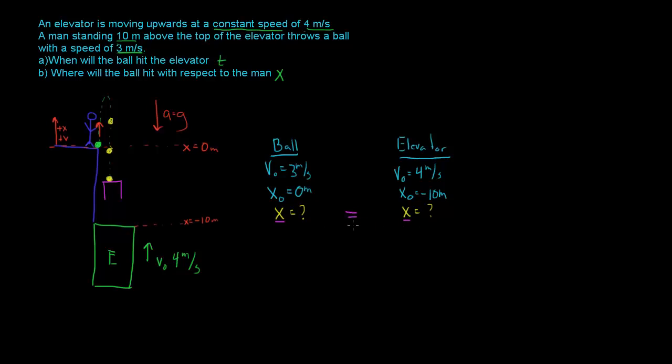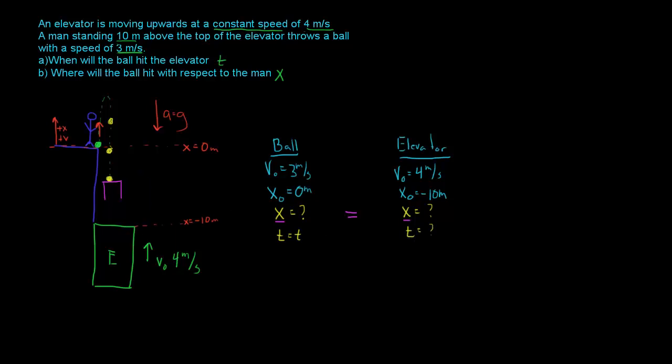And we also don't know the time. We don't know how long the ball will be in the air until it hits the elevator, or how long the elevator will be going up.